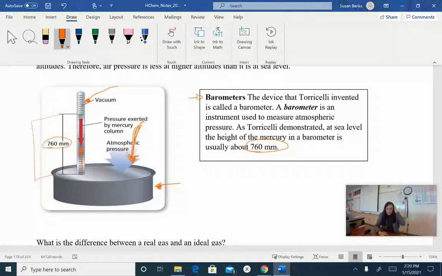Okay. So in Salt Lake City, because we don't have as much atmosphere pushing down on us, normal atmospheric pressure is about 645 millimeters of mercury. You'll notice that our pressure is significantly less than at sea level. Now, there's something special about this sea level pressure. This 760 millimeters of mercury is what we call standard pressure.